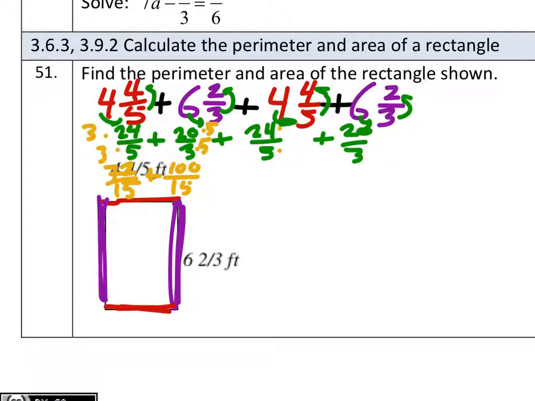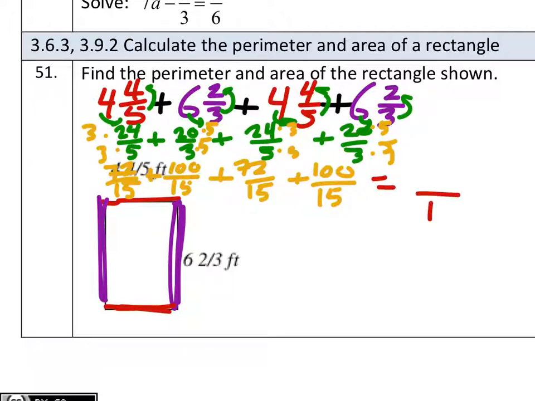And then we got 24/5 again. We'll have to multiply these ones by 3 and this one by 5. And they're the same again, so add 72 fifteenths plus another 100 fifteenths. Well, when we combine all these fifteenths, because that's what we have, 72 plus 100, 172 plus another 72, 244 plus another 100, that's 344 fifteenths.